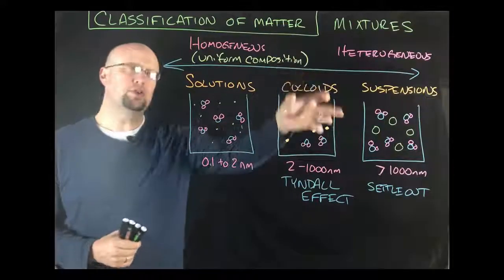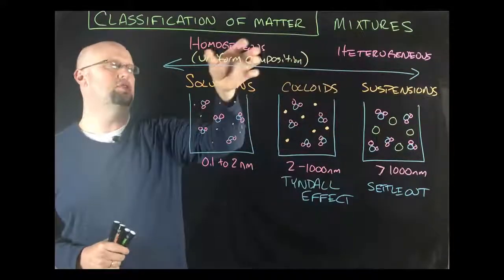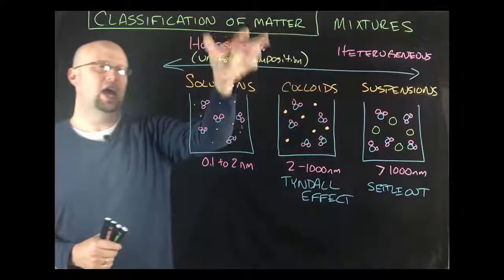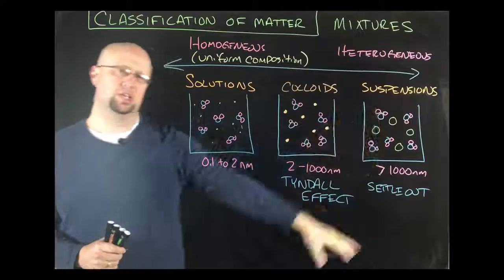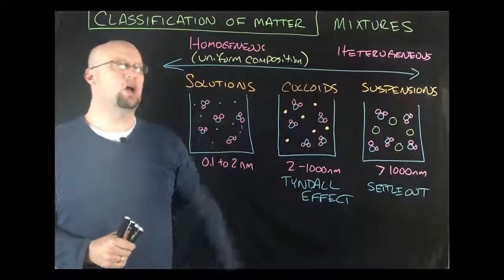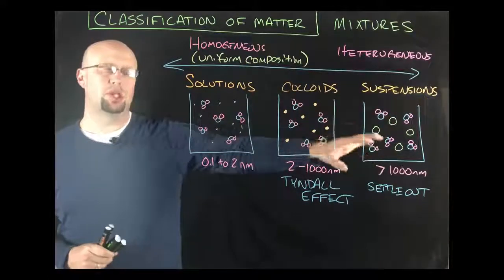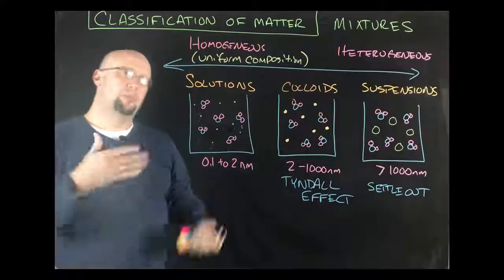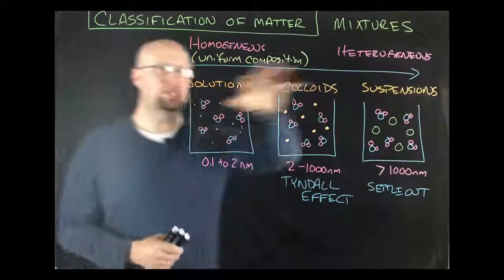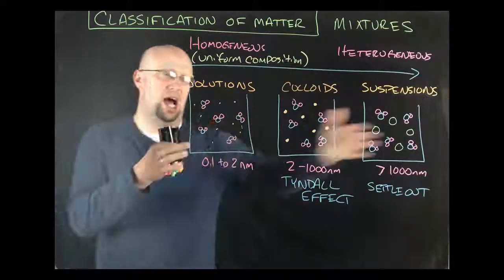So there are two schemes there that you can go under mixtures. You can do the broad schemes where you say, hey, it's homogeneous. Everything looks the same when I look at it. It's heterogeneous. It looks visibly different when I look at it. Or you can break it down into somewhat smaller areas of suspensions, colloids, and solutions. Remember that this is a spectrum, that there's like a sliding scale here.